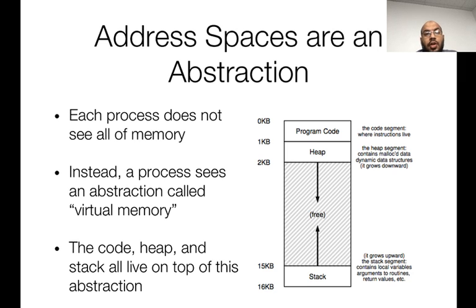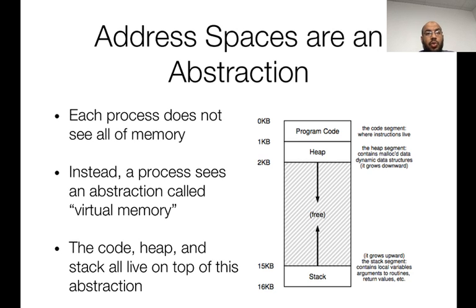The way we do that is by having address spaces as an abstraction. Each process does not see all of the memory and does not even see what physical memory it runs on. Instead, the operating system provides the process with an abstraction, a virtual memory, which is a virtual address space that the operating system creates.